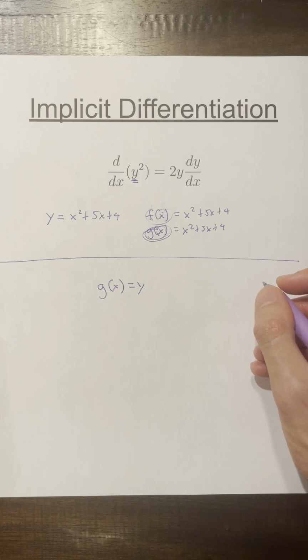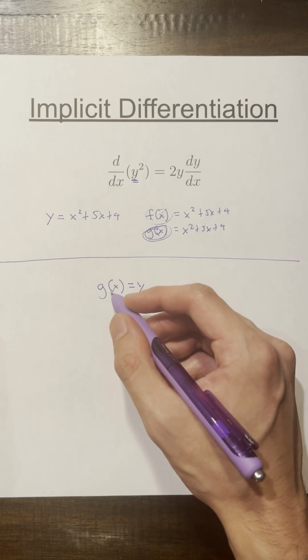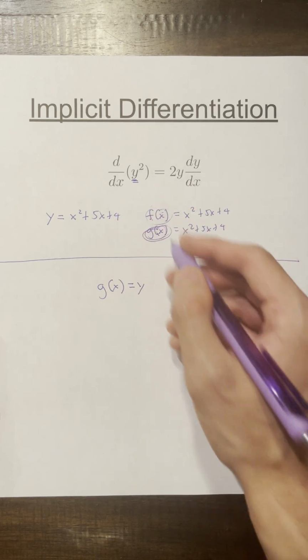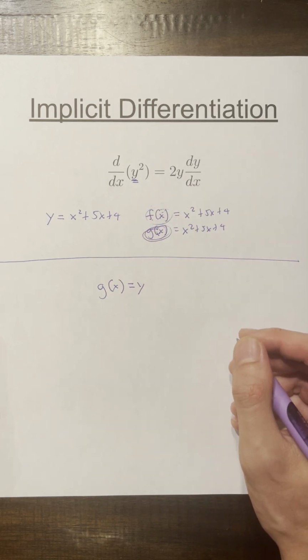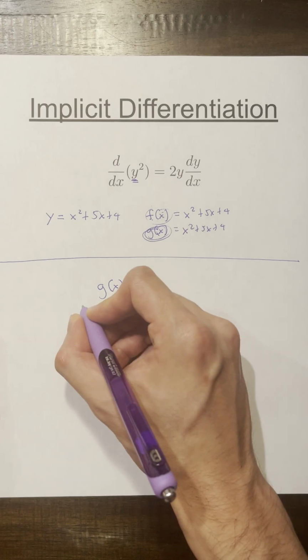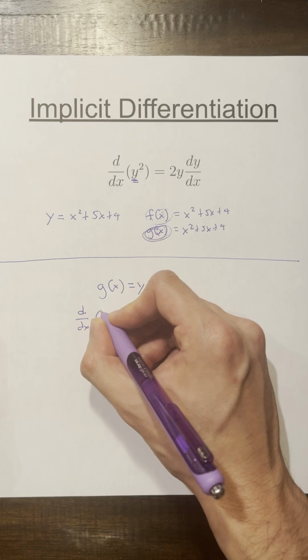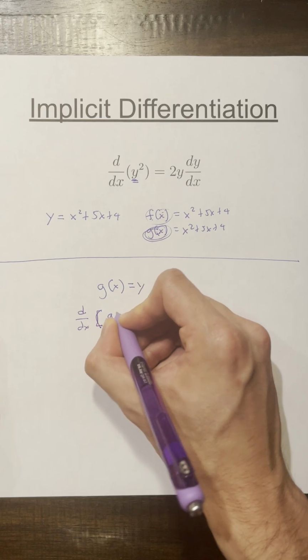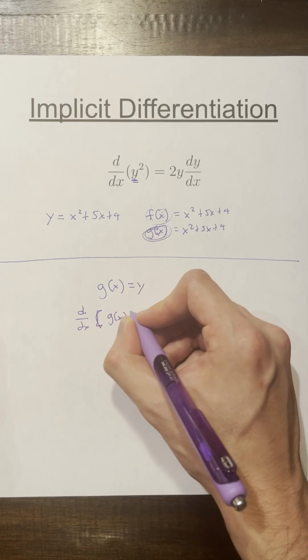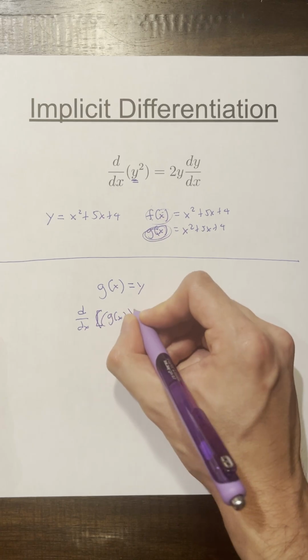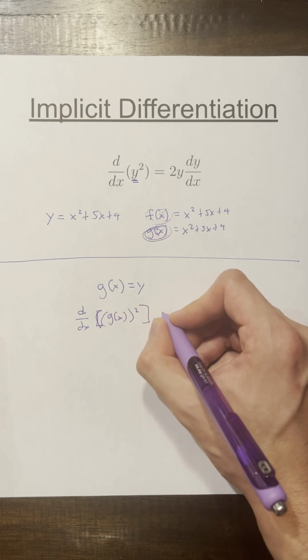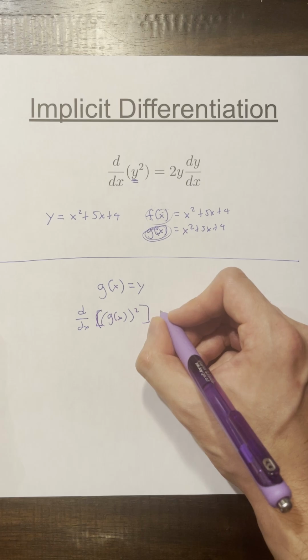Now, what does this turn into? It's going to turn into d/dx of g of x squared. Okay.